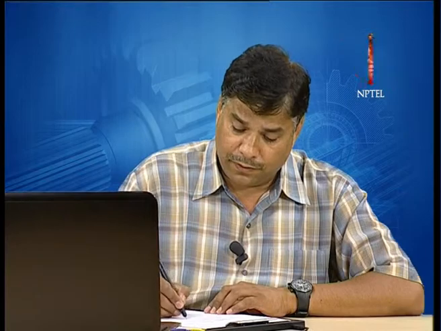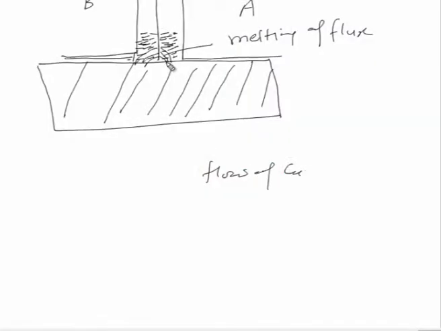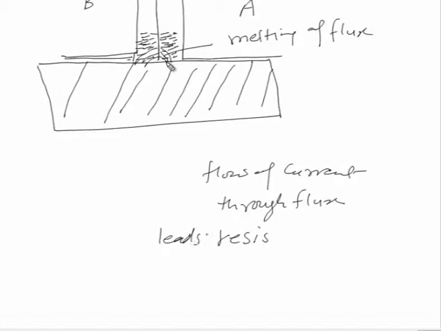The flow of current through the molten flux leads to resistance heating. This electrical resistance heating causes the heat generation in this molten flux zone.